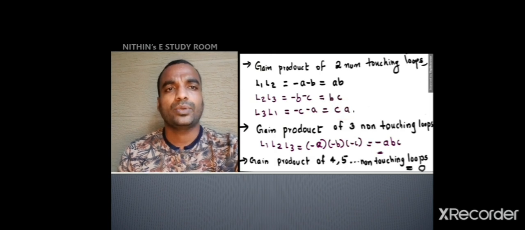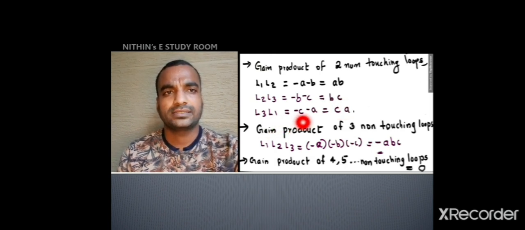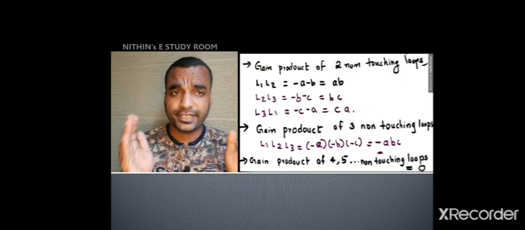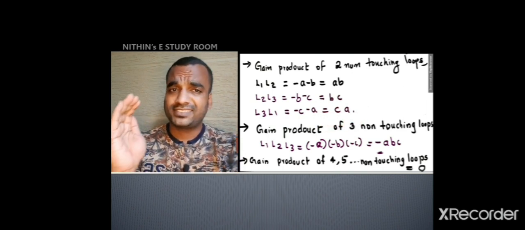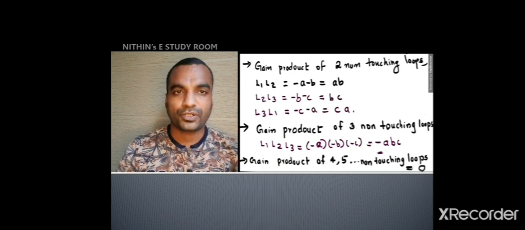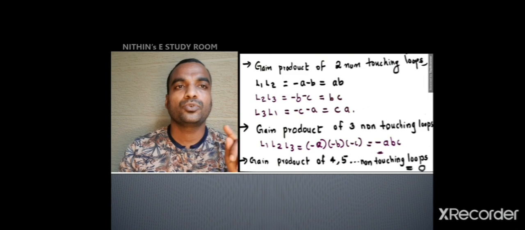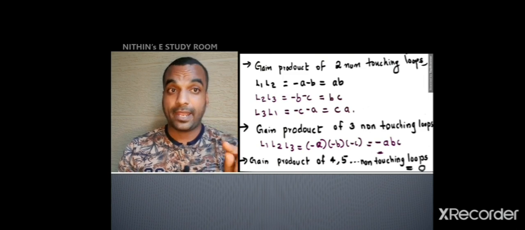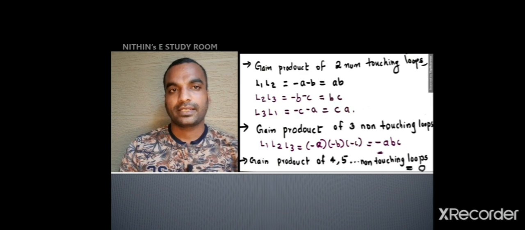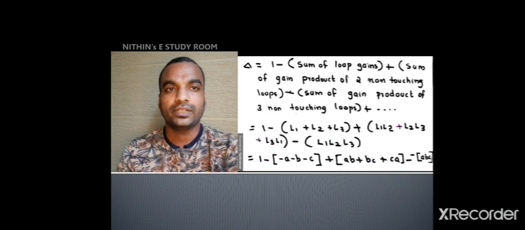And L3 into L1 is minus c into minus a, that is ca. So you got the 3 gain products. And what was there inside the bracket? Sum of gain product of non-touching loops. So the gain product of 2 non-touching loops will be ab plus bc plus ca.